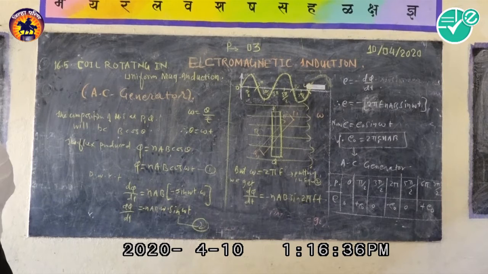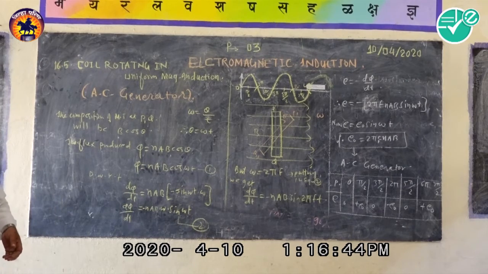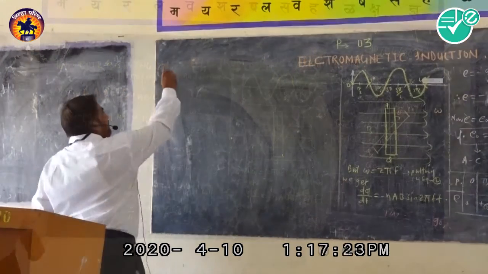So this is about the coil rotating in a uniform magnetic field of induction. Now let us turn to the next article, that is power in SCR.